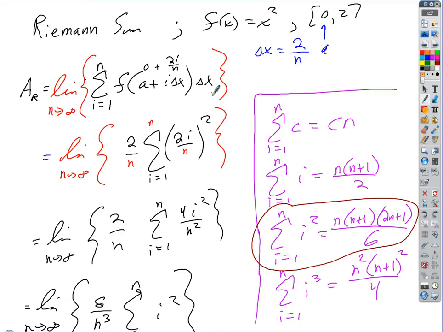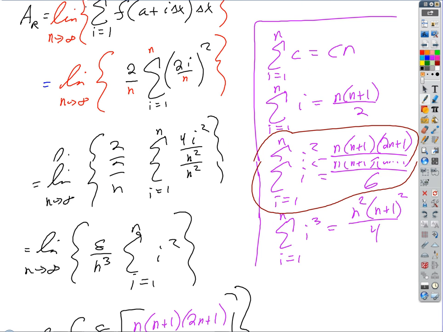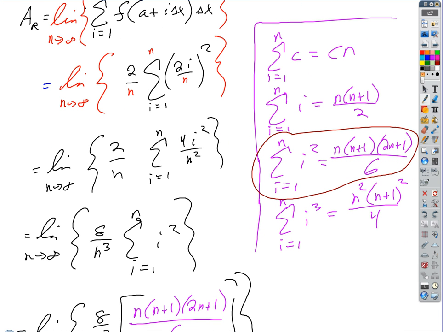We're good, right? And then we had to take care of the sum of (2i over n) squared as i runs from 1 to n. That's the part where we'd have to invoke these summation rules, right?